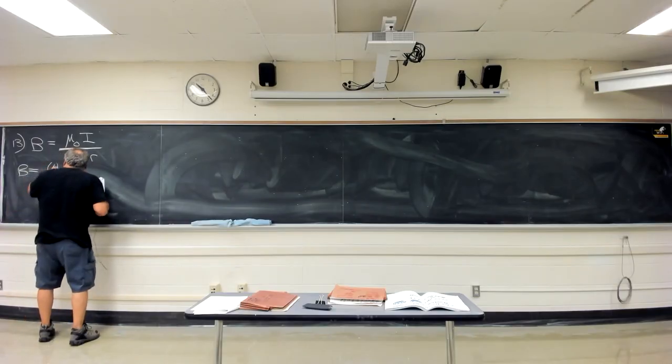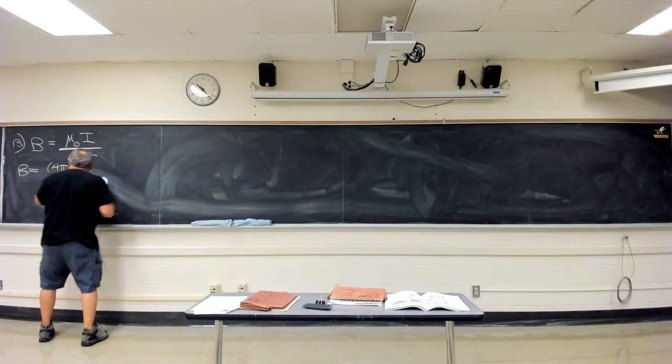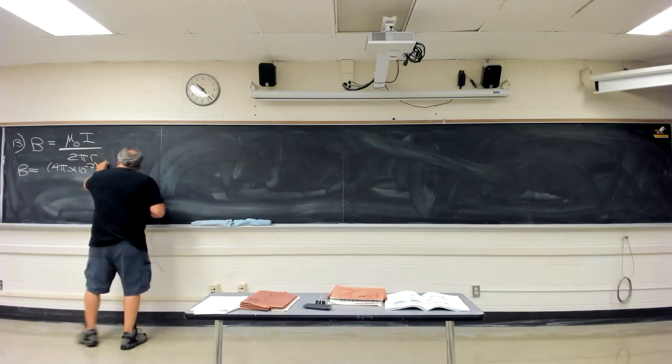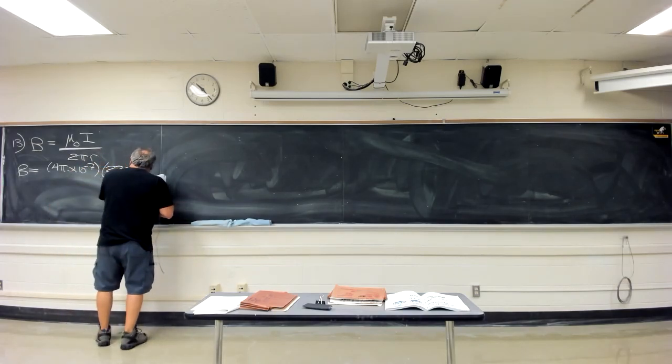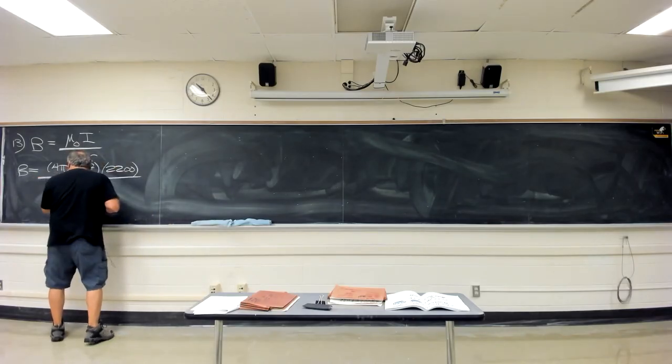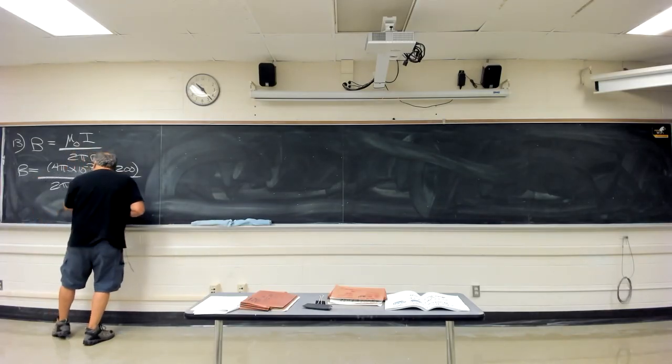Mu, they told us, again, just make sure the units, this is all based on MKS system of units. Use the MKS system of units and you're going to be fine.